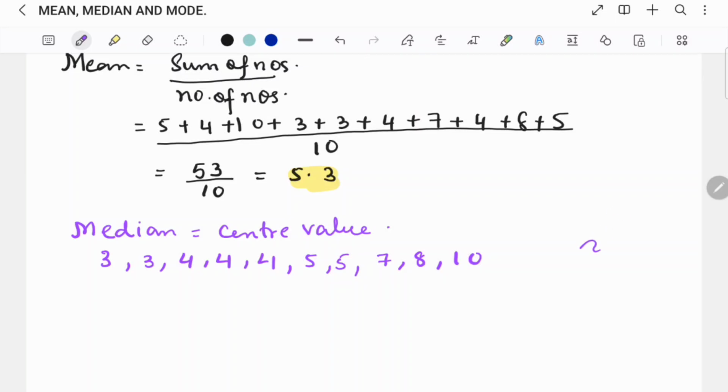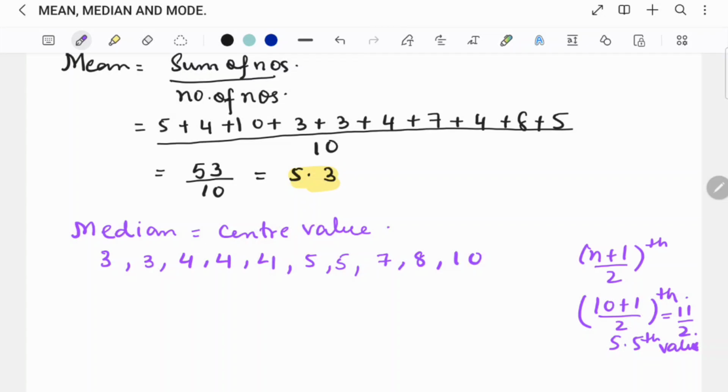But if you don't understand, you can use (n plus 1) upon 2, which gives you the position of the center number. There are 10 numbers, so 10 plus 1 upon 2 is 11 upon 2, which means the 5.5th value is the center. 5.5 is not the median; the 5.5th value is the center.